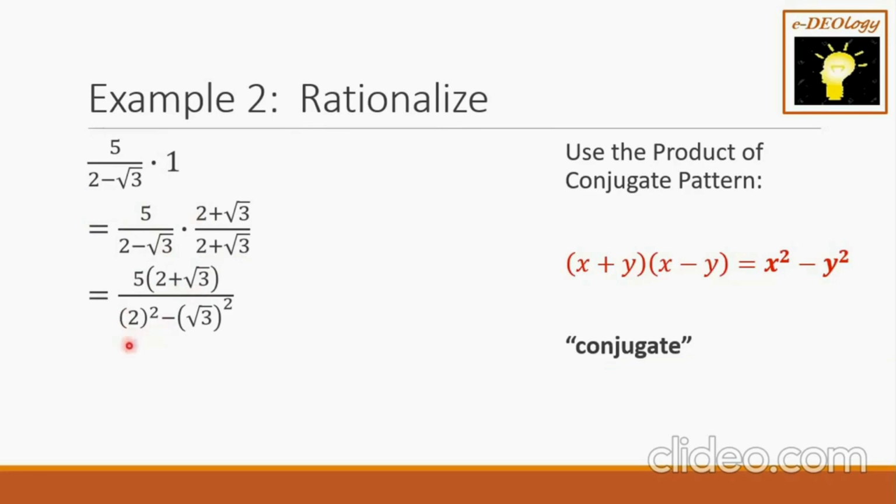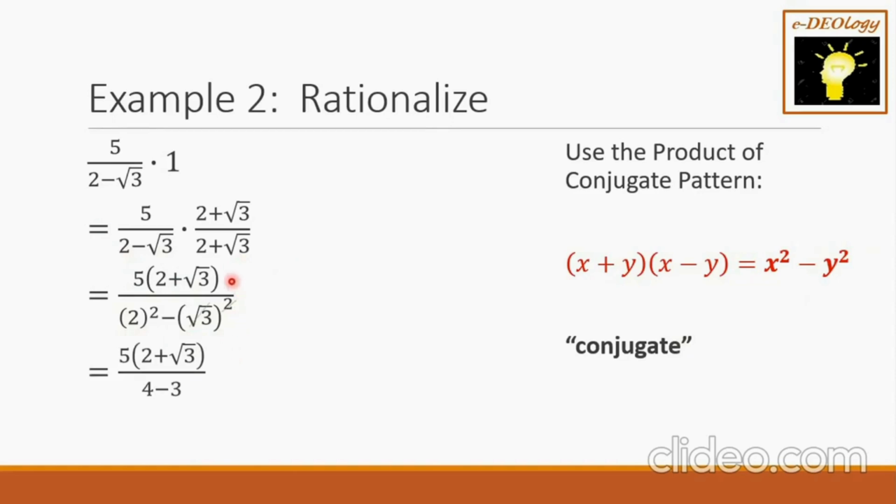In the denominator, we're going to apply now our special product. So the first term 2 is copied and then raised to 2, then minus. The square root of 3 is copied and also raised to 2. In the next line, we're going to simplify our denominator.